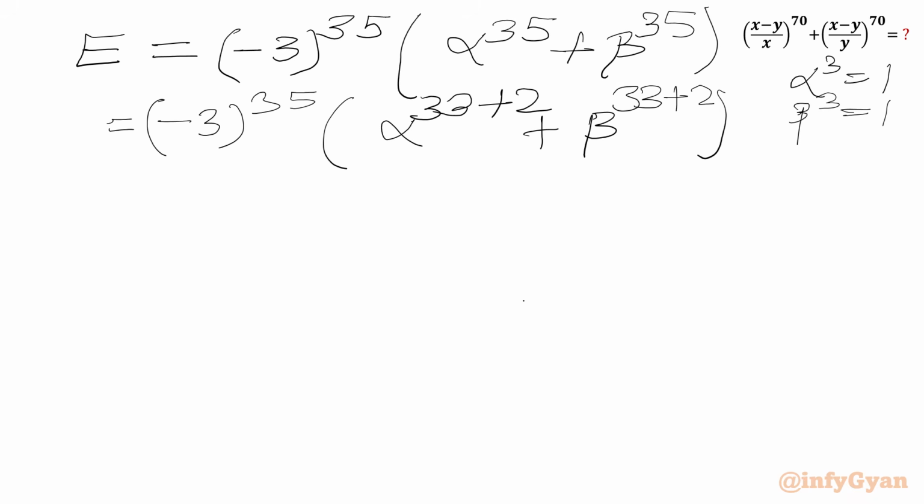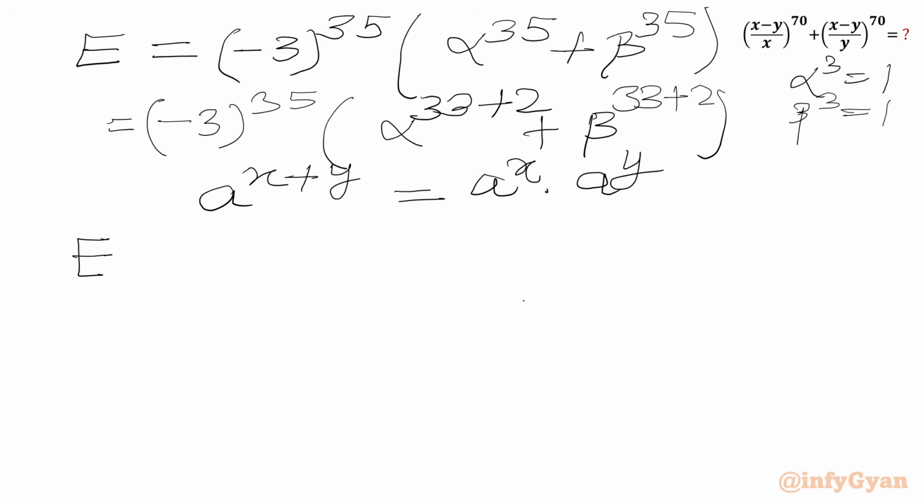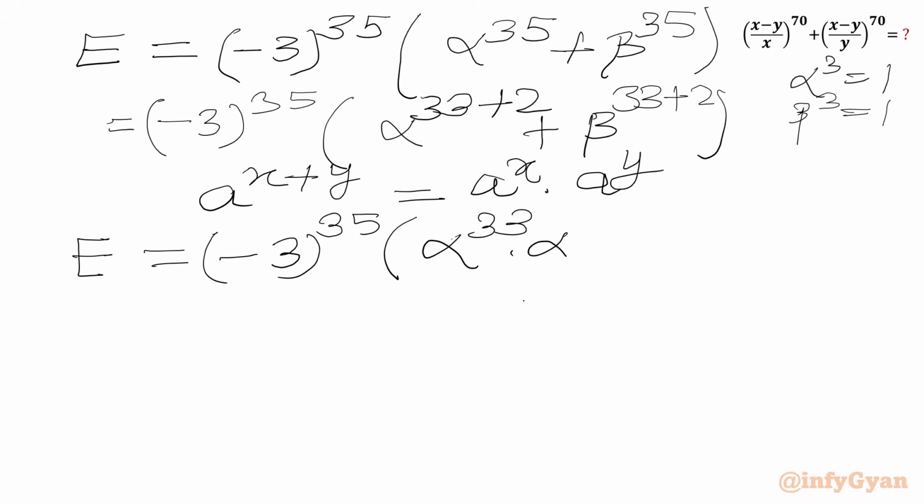Using exponent law, which says a power x plus y can be written as a power x times a power y, our required expression E will become minus 3 raised to the power 35 in bracket alpha power 33 times alpha square plus beta power 33 times beta square.